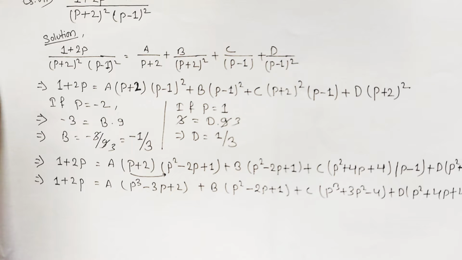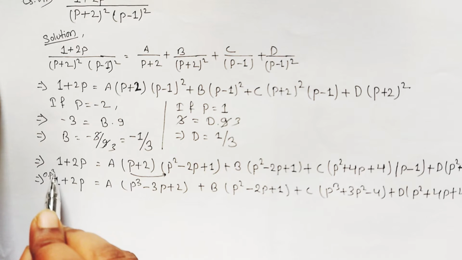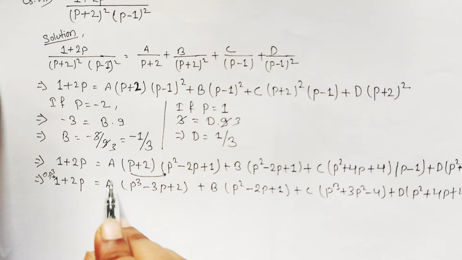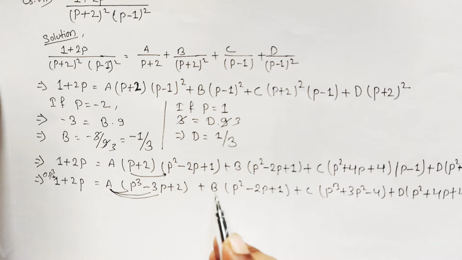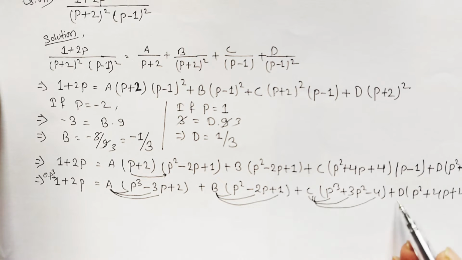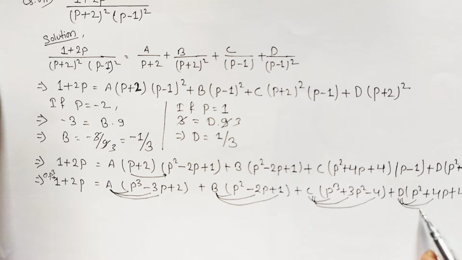Now we will do the comparison on both sides so that we can calculate the values. We have 0 on the RHS, so we have 0 times p cubed. Here A is going to multiply each and every term. Similarly B will also multiply each term, C is also multiplying each term, and D is also multiplying each term.